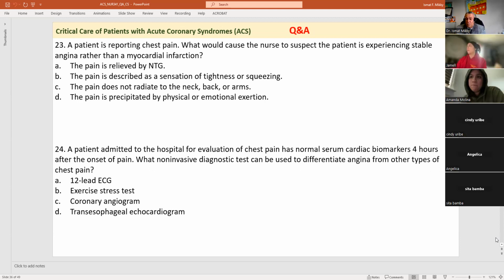A patient admitted to the hospital for evaluation of chest pain has normal serum cardiac biomarkers 4 hours after the onset of pain. What non-invasive diagnostic test can be used to differentiate angina from other types of chest pain? B, the exercise stress test.